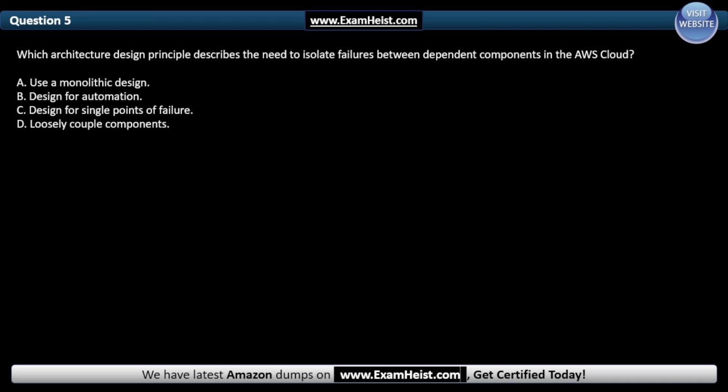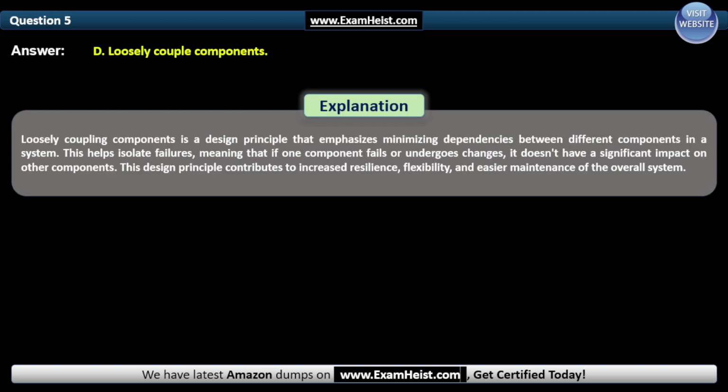Question 5. Which architecture design principle describes the need to isolate failures between dependent components in the AWS Cloud? The correct answer is D. Loosely coupled components. Loosely coupling components is a design principle that emphasizes minimizing dependencies between different components in a system.